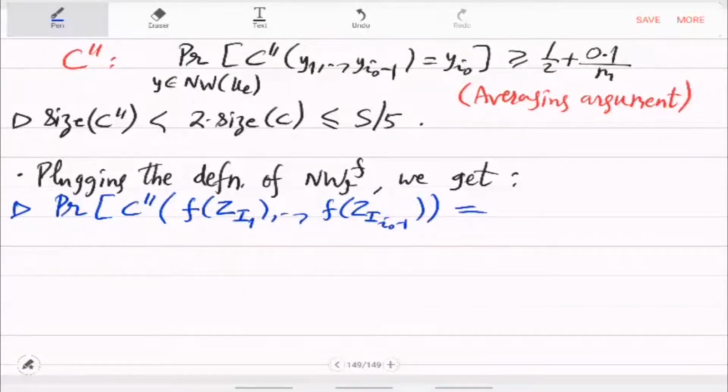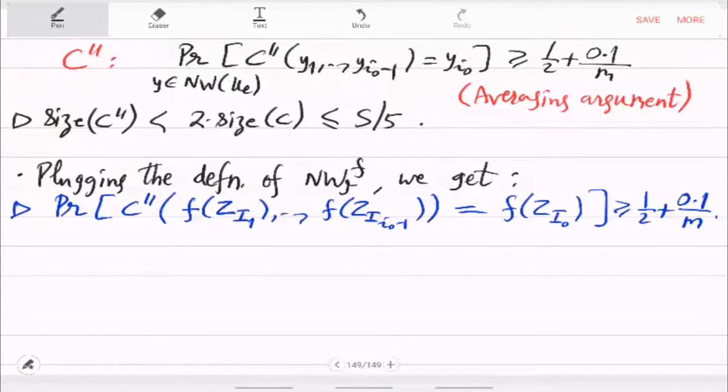And using I0 minus 1 evaluations, C prime prime is predicting f on I0th substring with an advantage of 0.1 by m. That is what C prime prime is doing.